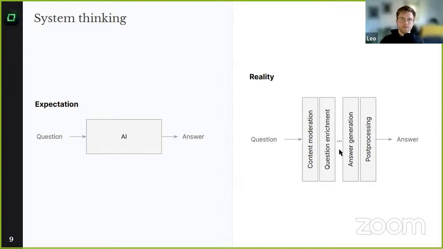Maybe you need to filter out some of the retrieved data points then again, and then generate, of course, an answer, maybe post-process the answer to make sure that it's in a specific format. And you have all these components that really make up a RAG system, if you really think about it.